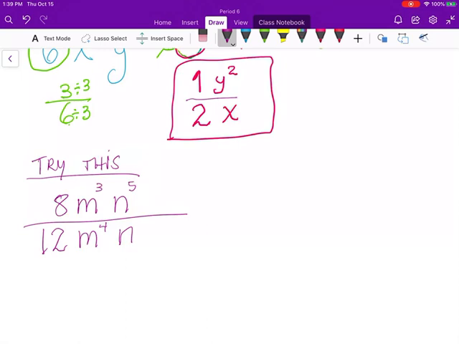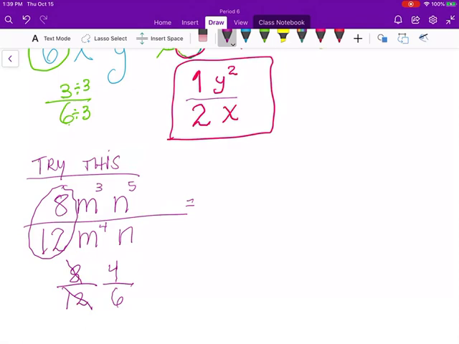Okay, so now that you have a couple minutes, let's check how you guys did. First, let's take care of 8 and 12. You could do it on the side if it's easier for you. 8 and 12, think about this. Can I cut these numbers in half? Yes, because they're even. Half of 8, 4.